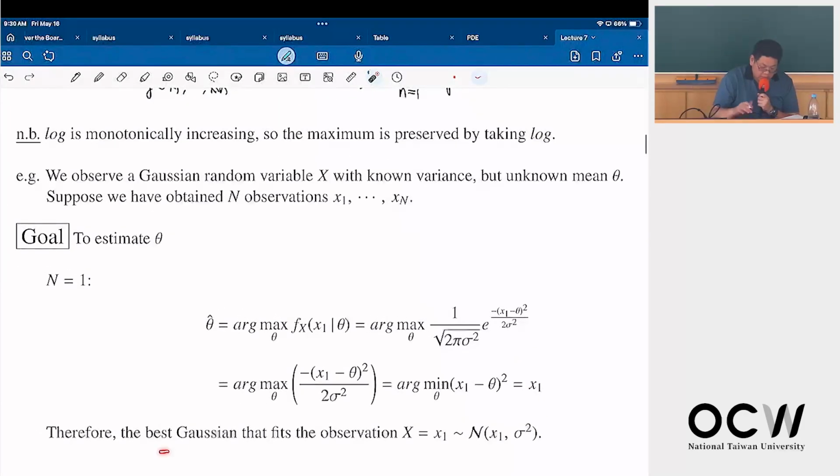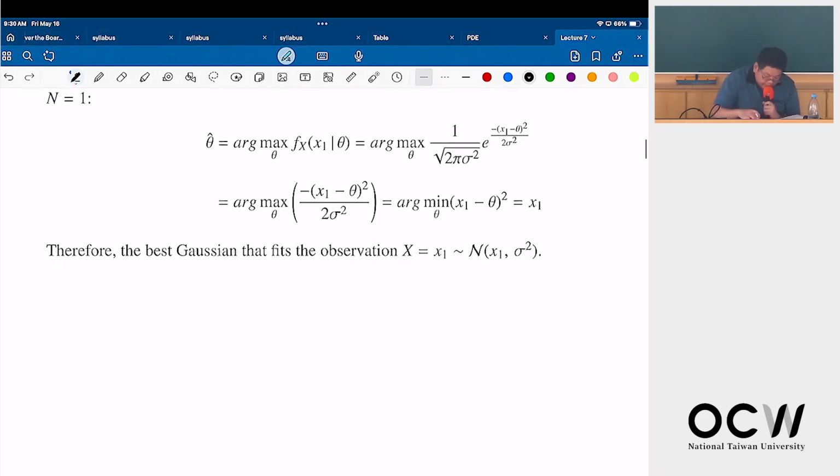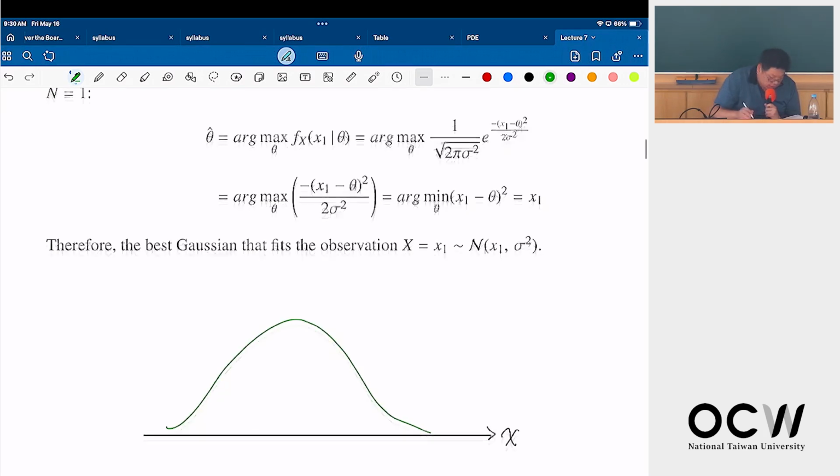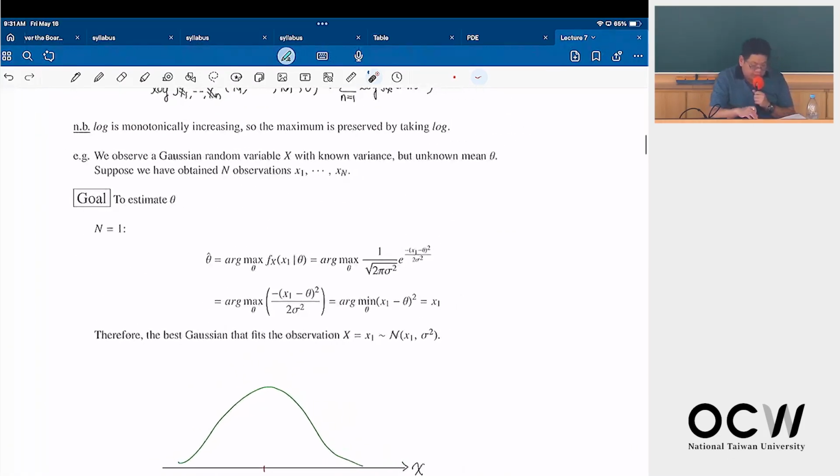The best Gaussian that fits this observation has mean x1. So we can have a plot. I have a Gaussian, and here we have x1 at the peak. This is just for one observation.